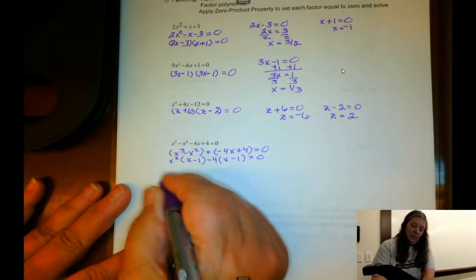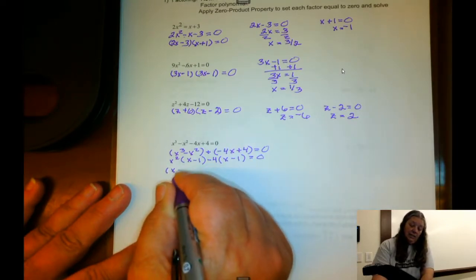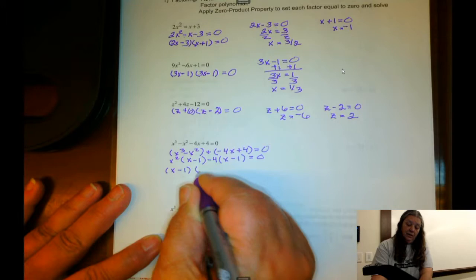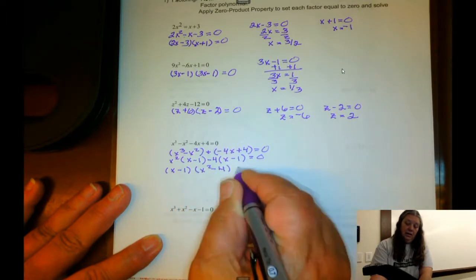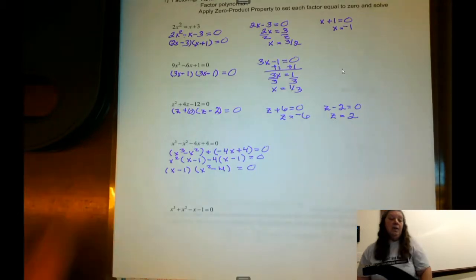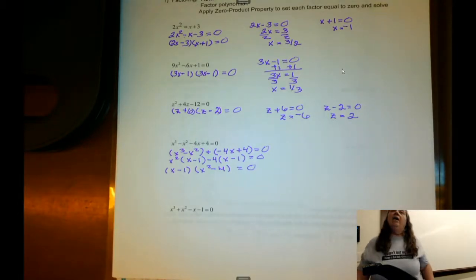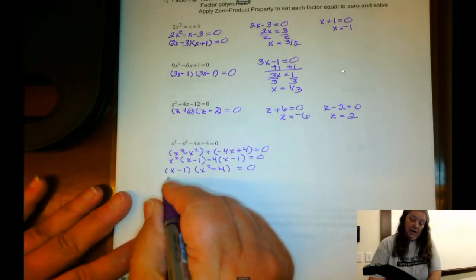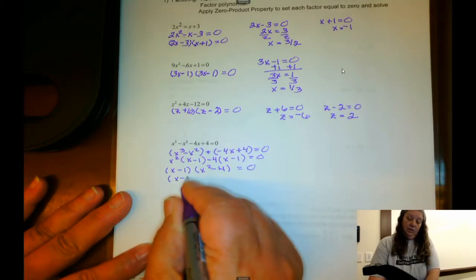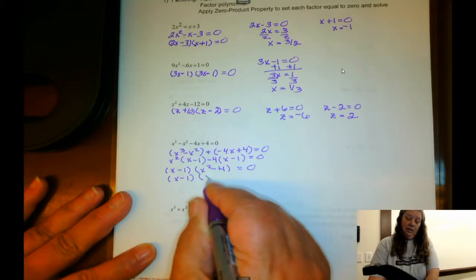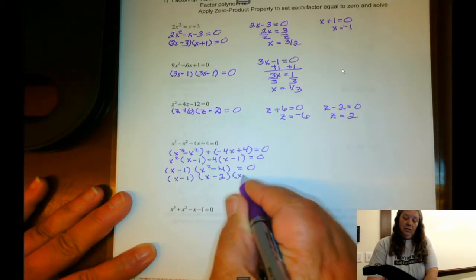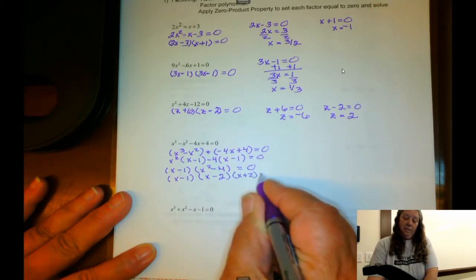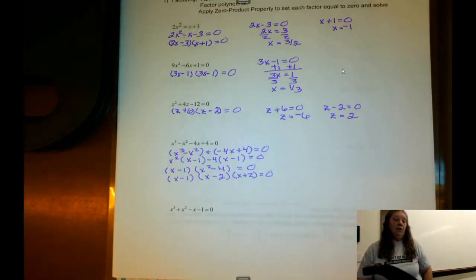This now means we have x minus 1 as a common factor, and we're left with x squared minus 4. However, we can factor x squared minus 4, so we have x minus 1 times x minus 2 times x plus 2 equals 0.